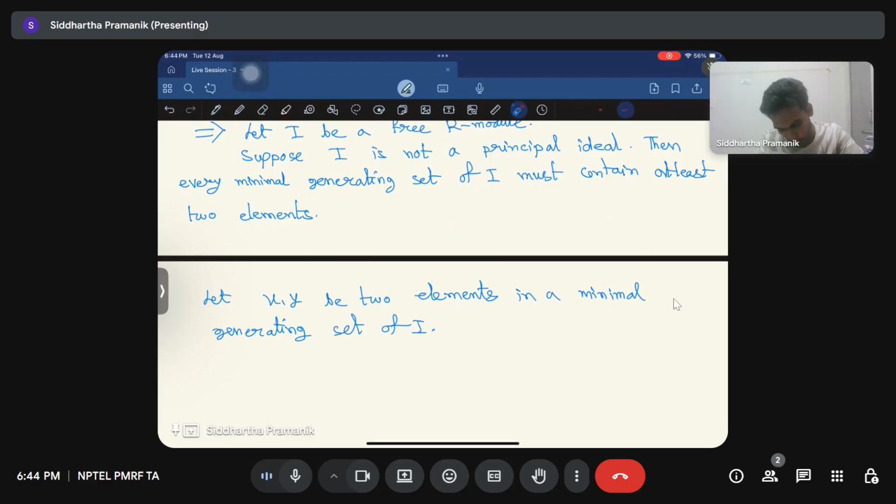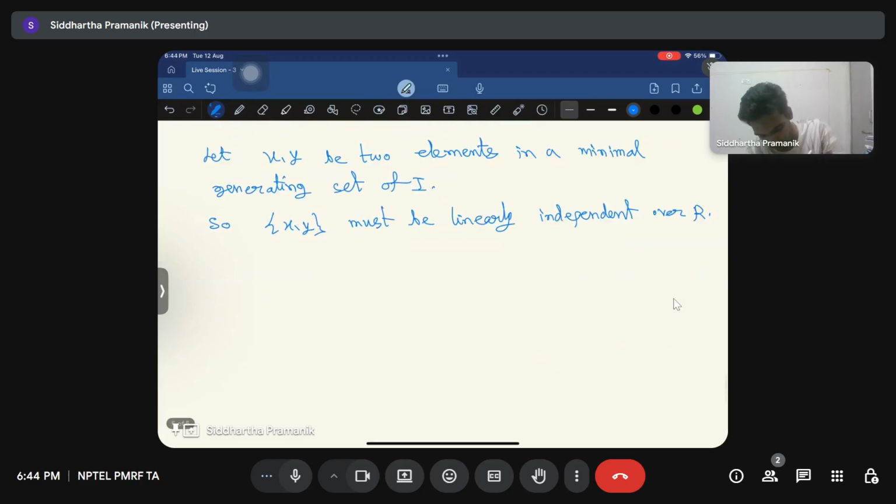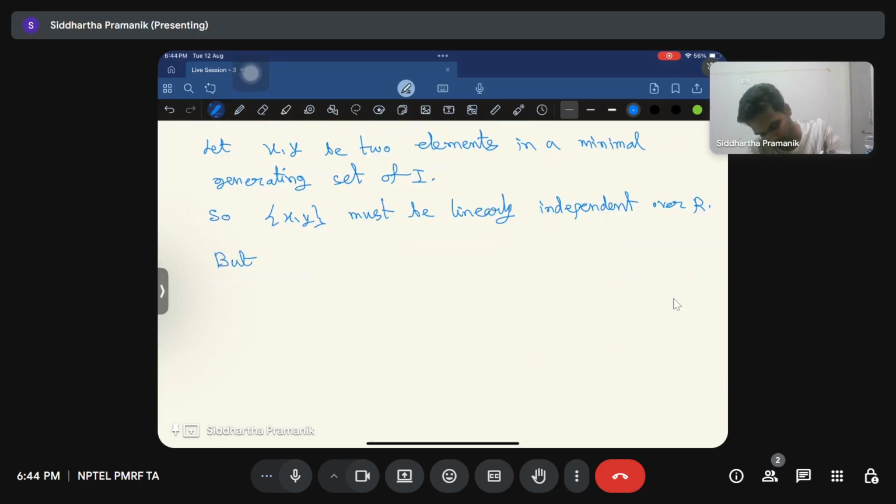Since they belong to a minimal generating set, these two elements must be linearly independent over R. So x, y must be linearly independent over R. But you can see that if you take minus y, which is an element of R, times x plus x, which is an element of R, times y, this is 0.